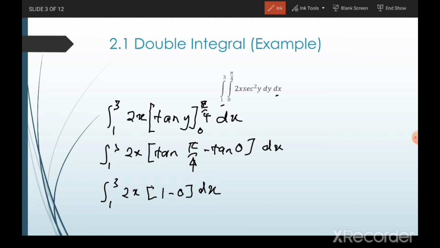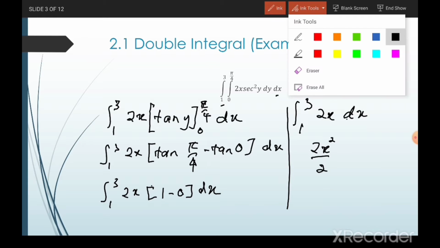Then we just need to integrate with respect to x. The integral from 1 to 3 of 2x dx. When you integrate, you will get 2x to the power of 2 divided by 2.